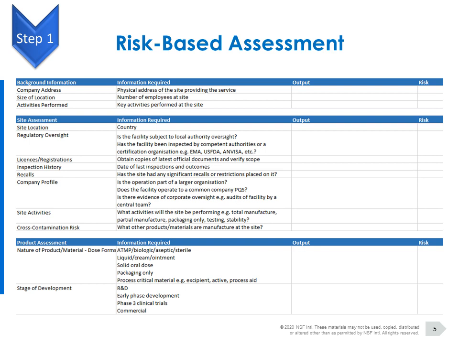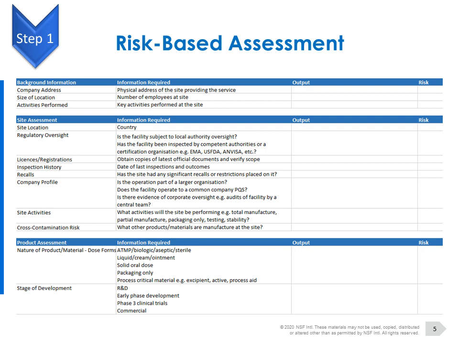And thinking about the site and the relationship with maybe a parent company, is it part of a larger organisation? Does it operate to a common PQS? And is there a corporate oversight of the facility that we're interested in? And quite importantly, what activities is the site performing for us?